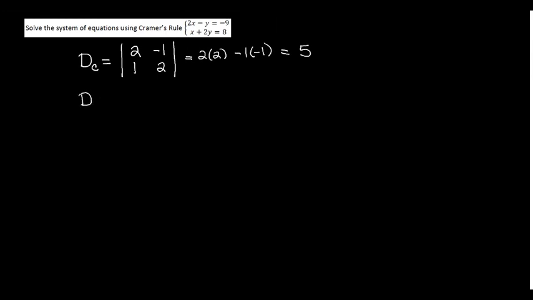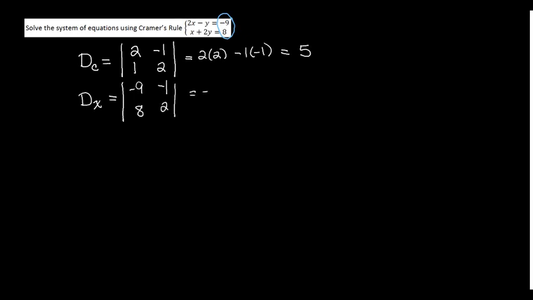Now we'll determine the determinant with x replaced by what the equations are equal to. So what that means is we're going to, instead of writing the coefficients for x, write -9 and 8. We're replacing the x column with what the equations are equal to. The y's will stay by themselves.